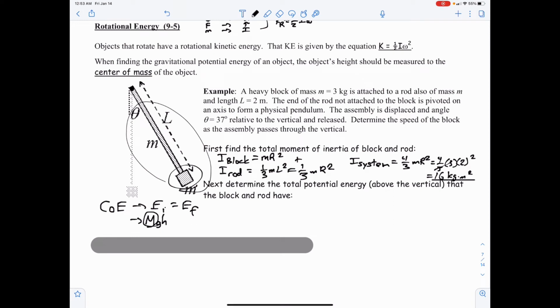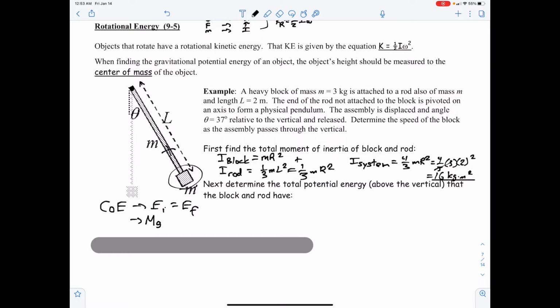But Mg is going to relate to the center of mass. M is not just the total mass, it's the center of mass, which is not quite at the middle. It's going to be a little bit closer to the end right there, but we'll be able to figure it out. I'll show you how to figure that out in a second.